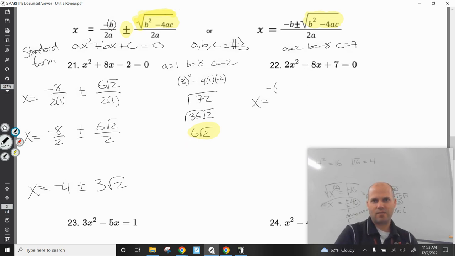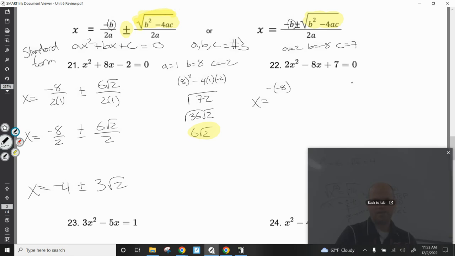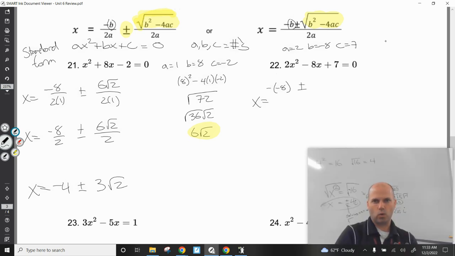See how we use parentheses around b? That's the opposite of b. This turns into +8, plus or minus. Let's work with everything and worry about it at the end. I'm not going to plug it into the formula because everybody messes it up. B squared minus 4ac.